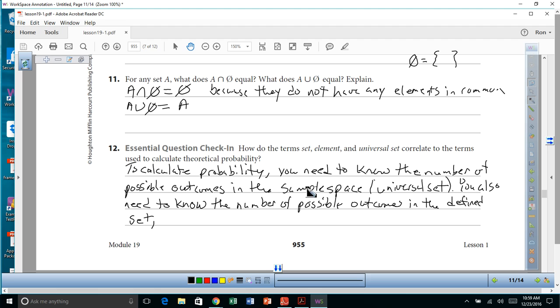Okay, this right here is the denominator. It is the sample space. It is all. This right here is the numerator. It is the defined set, like A, or probability of A, or the probability of the complement of A, or whatnot, which is the number of elements in the defined set. And remember, probability is the ratio of the two.